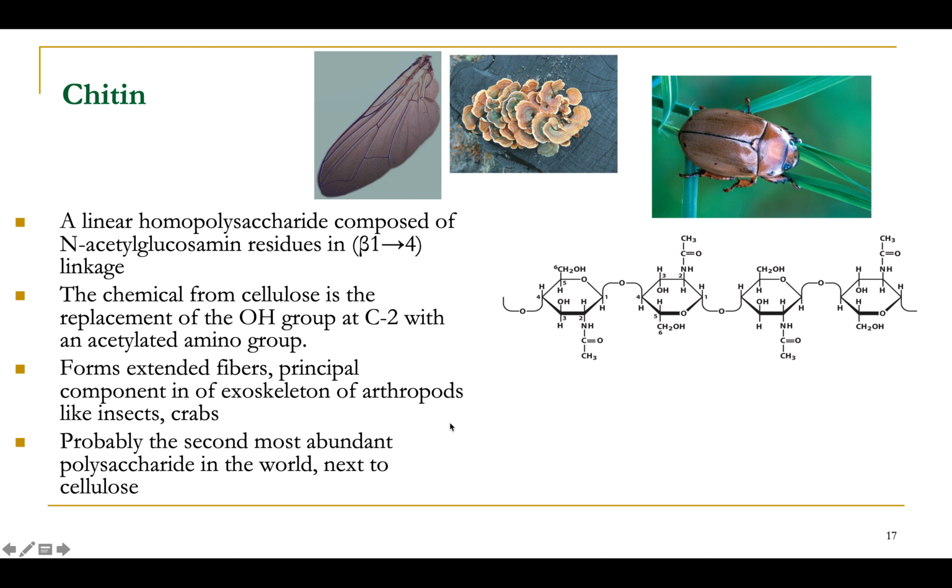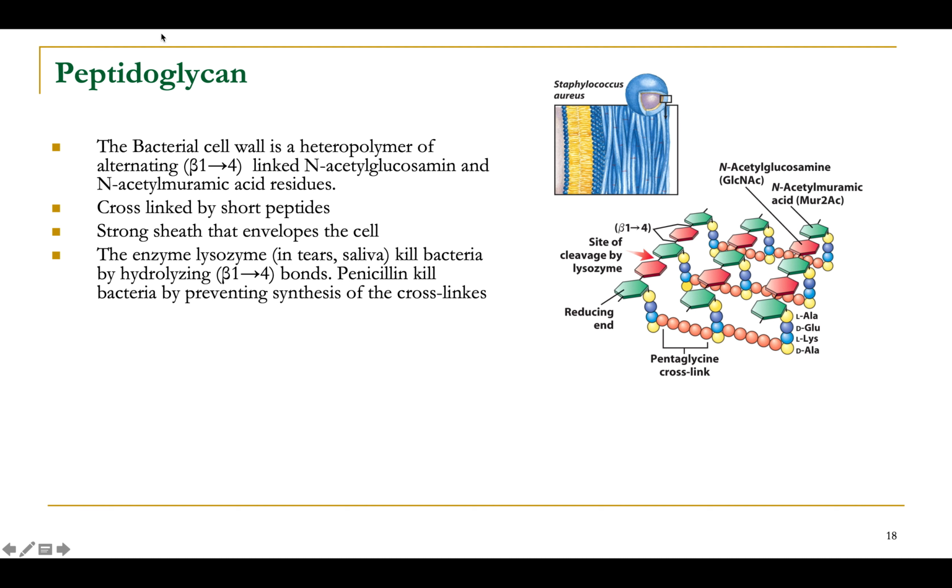An example of a heteropolysaccharide with mechanical support function is bacterial peptidoglycan. Peptidoglycan is a linear heteropolysaccharide consisting of two alternating monosaccharide residues, N-acetylglucosamine and N-acetylmuramic acid, linked with one another by 1 to 4 beta glycosidic bond.